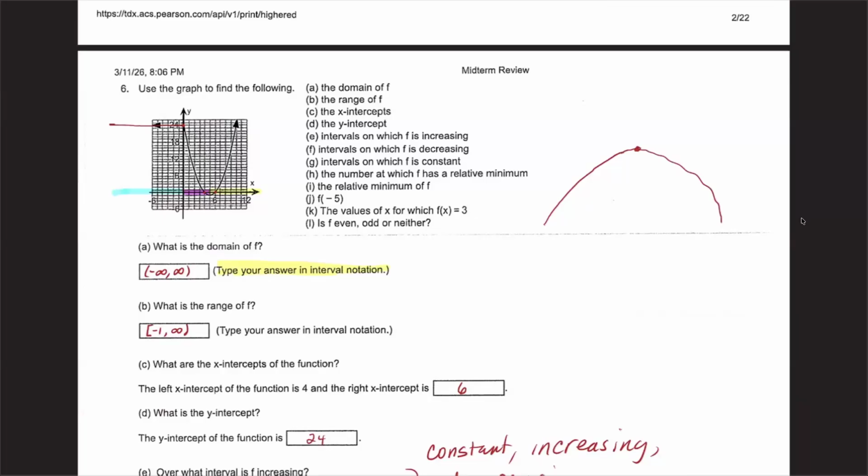Well, at the point where it stops, it's no longer increasing. It's not doing anything. It's just sitting there. It's not increasing and it's not decreasing at that point. So at that point, it's at a standstill. So you can't include it with decreasing and you can't include it with increasing. And so therefore you use parentheses and not brackets. Because at that point, it's not any of those things.